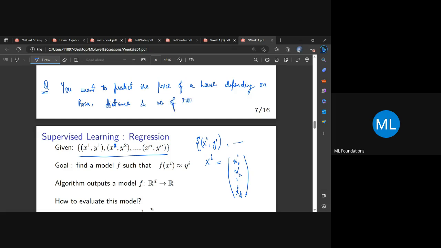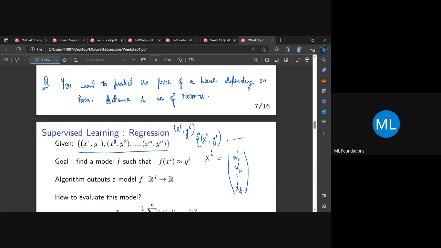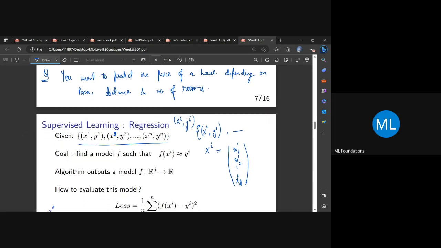Okay, so my question is, what is your xi here? You see this labeled data set given to you here. In general, if I take an xi, yi with respect to this example, what is your xi and what is your yi? yi is the label, the price of the house. Now, one by one, what is xi?